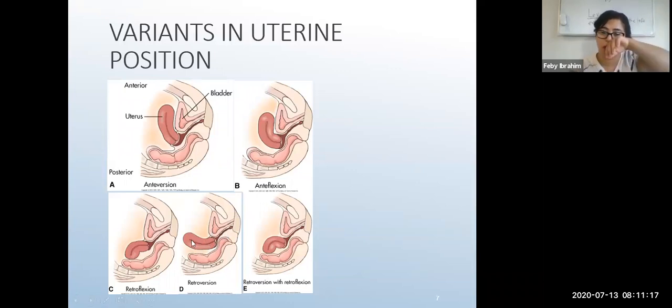And see how the fundus and the body are away from the bladder. See here how for retroflexion, the fundus and the body are bent or flexed more posterior toward the rectum. This one is retroversion and retroflexion. Again, guys, this is a variant. It's not a pathology.